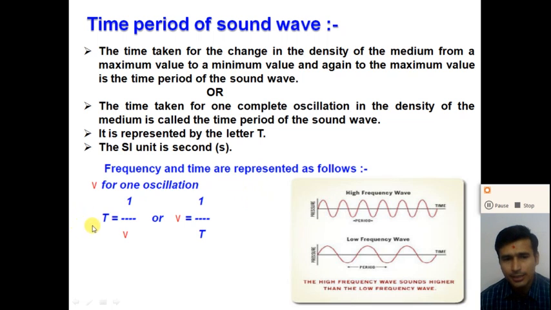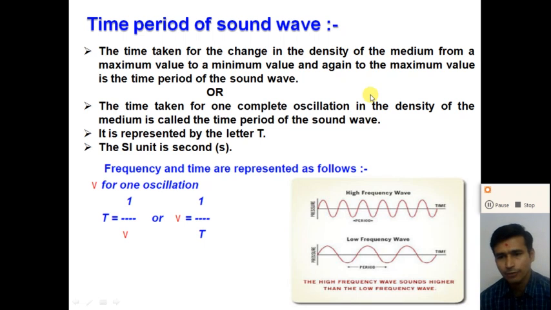We can represent the periodic time capital T as the reciprocal of the frequency nu, right? So T is equal to 1 by nu, or we can say that the frequency is the reciprocal of the periodic time, nu is equal to 1 by T. So dear student, understand two characteristics of the sound wave: frequency and the periodic time.